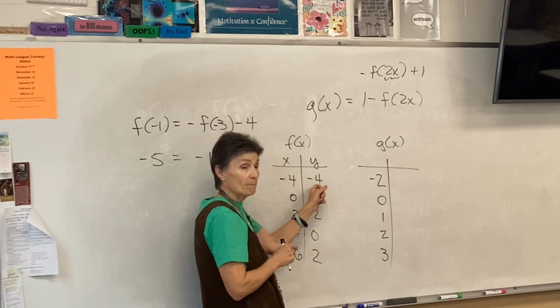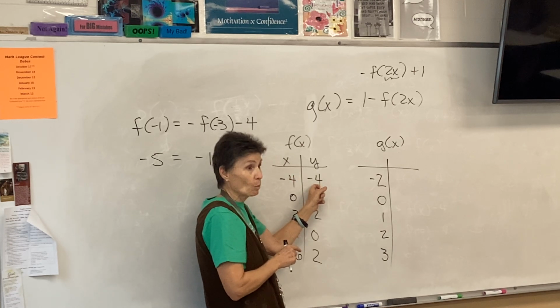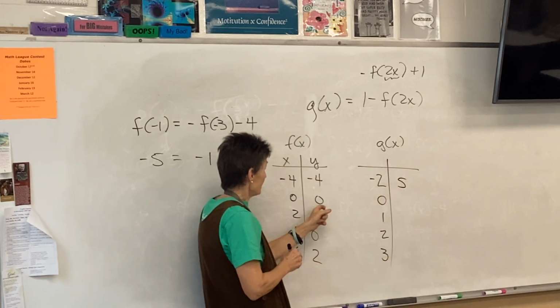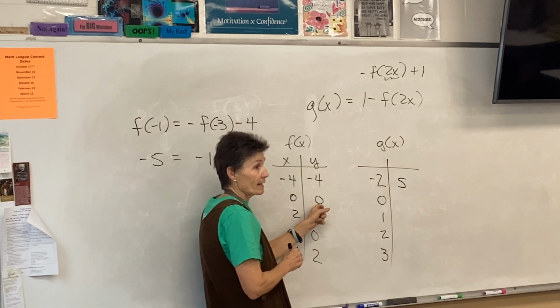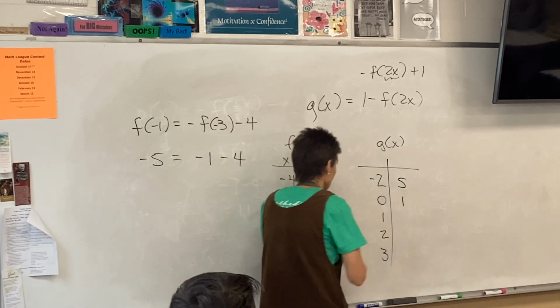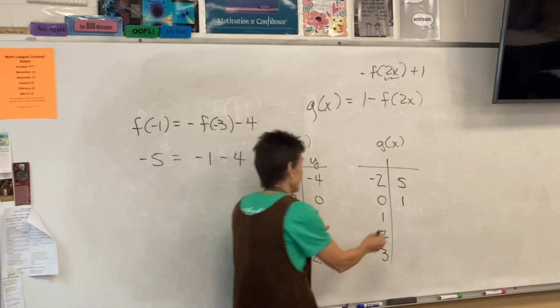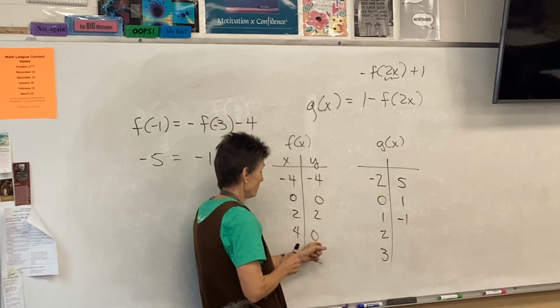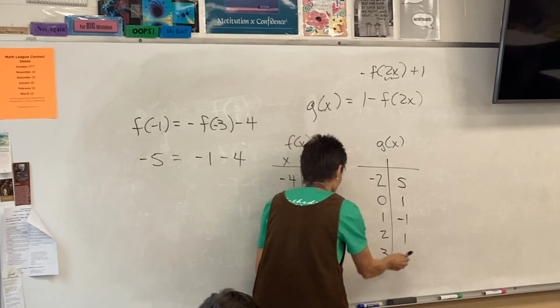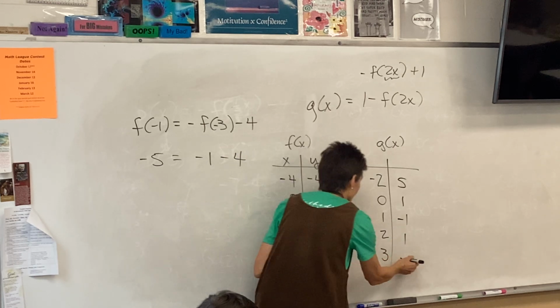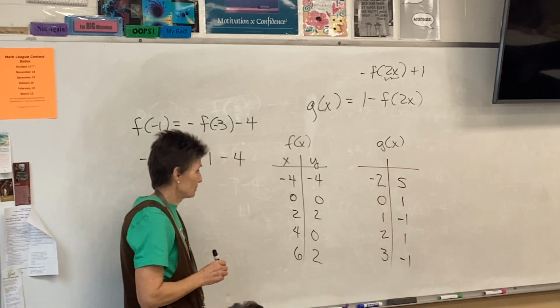So that's going to be positive 4 plus 1, 5. Make it negative and add 1. Make it negative, add 1. Does that look okay?